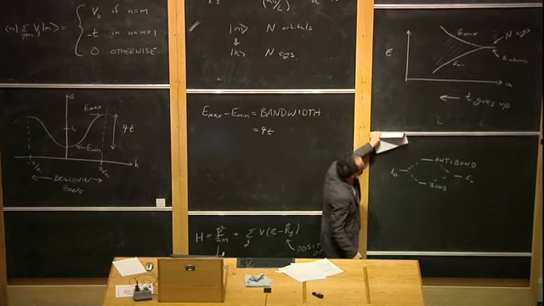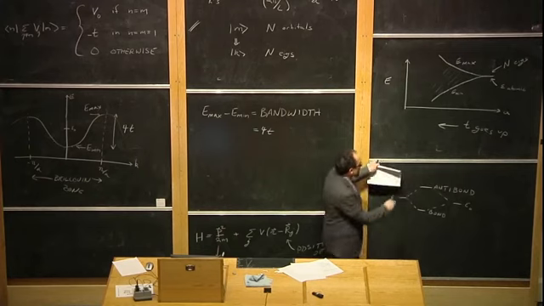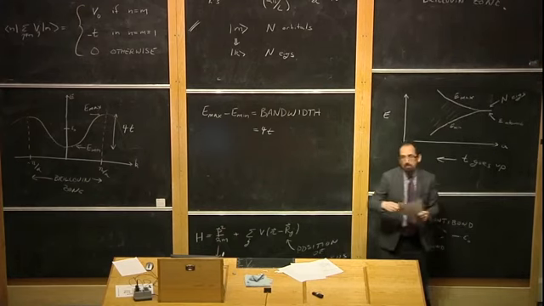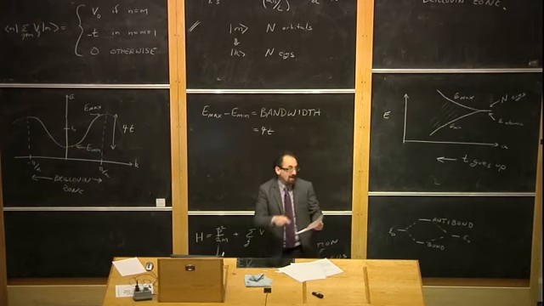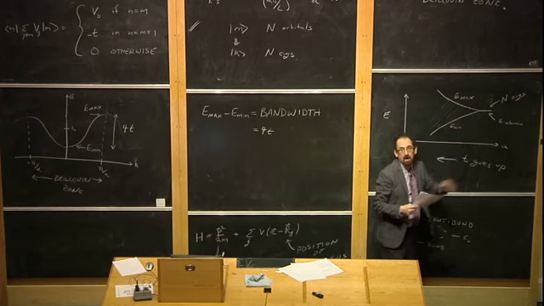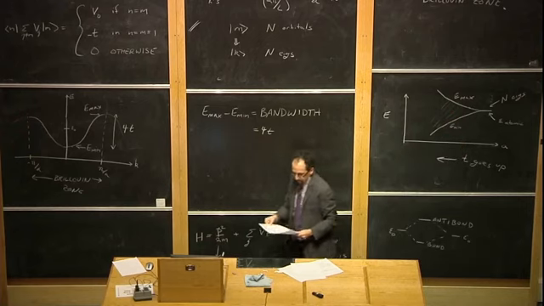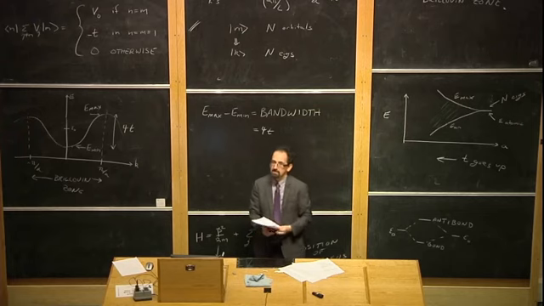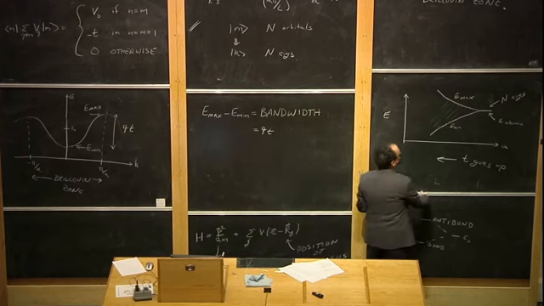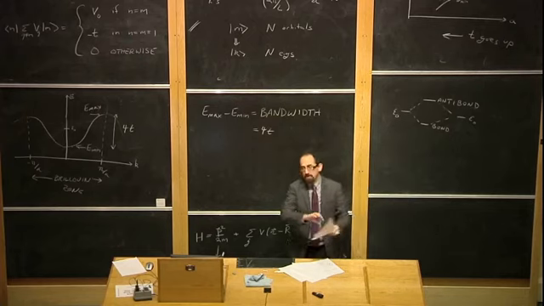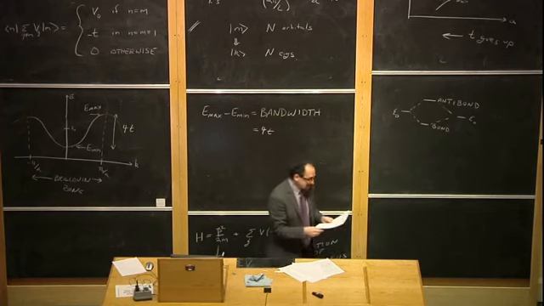And that's exactly what we have over here. We have a whole bunch of orbitals, all with the same energy. We bring them together, we allow the electron to hop back and forth, and some of the energies go down, and some of the energies go up, and it spreads out into a band. Does that make sense? Hopefully? So the spreading into a band is coming from the hopping of the electron back and forth.